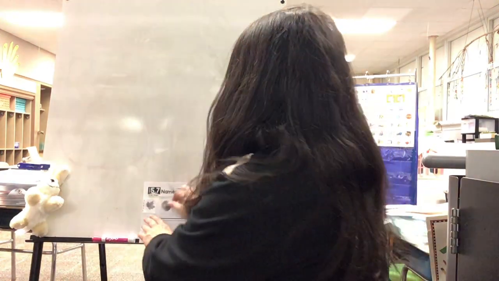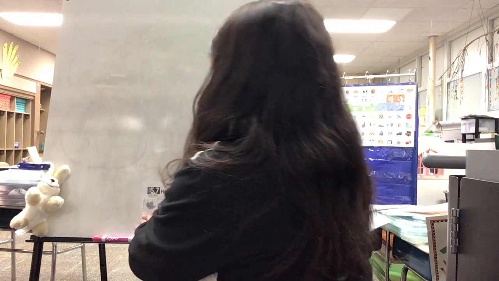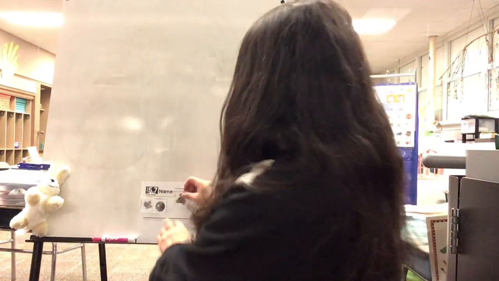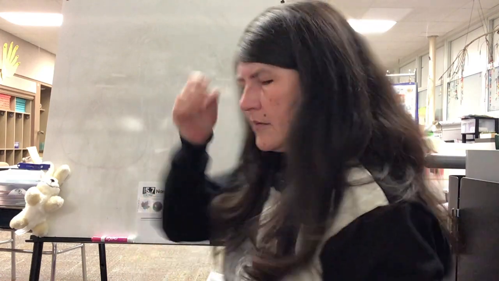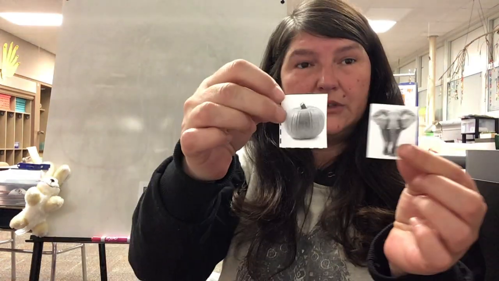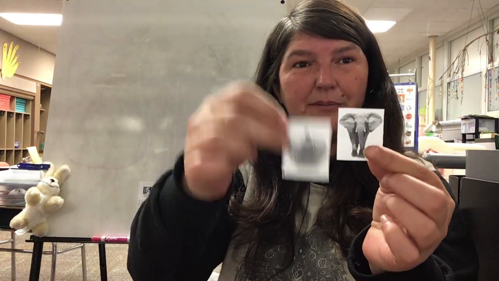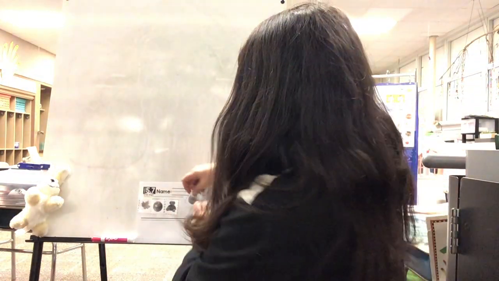So I'm going to say the apple. And then since we already know that the bear would be next, now you get to decide which is the next lightest, the pumpkin or the elephant. And you'll glue those down.